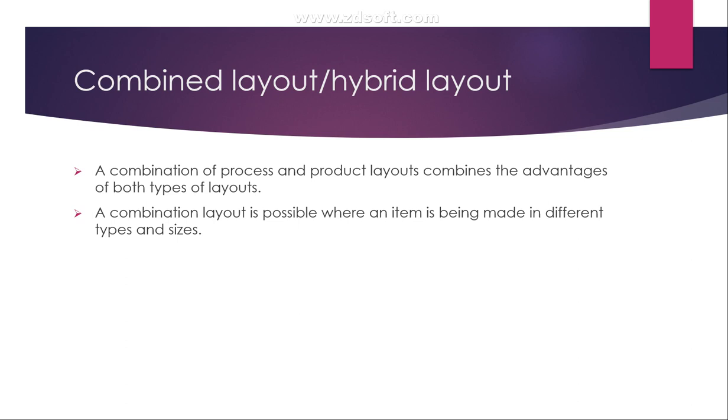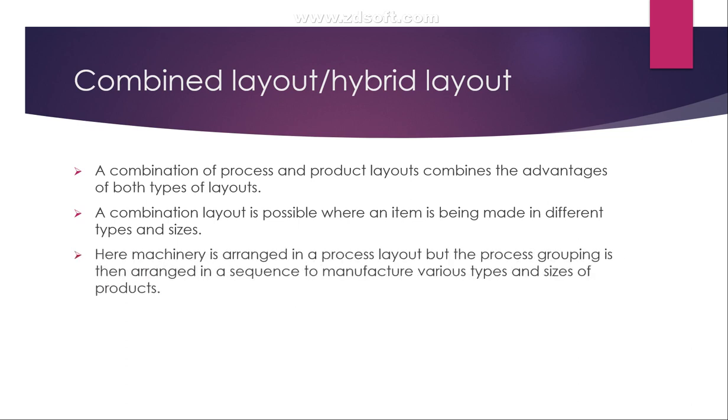Here the machinery is arranged in a process layout, but the process grouping is then arranged in a sequence of manufacture for various types and sizes of products. So the machineries or workstations would be arranged to enjoy the advantages of both systems, process and product layout. This will be understood with the help of an image.